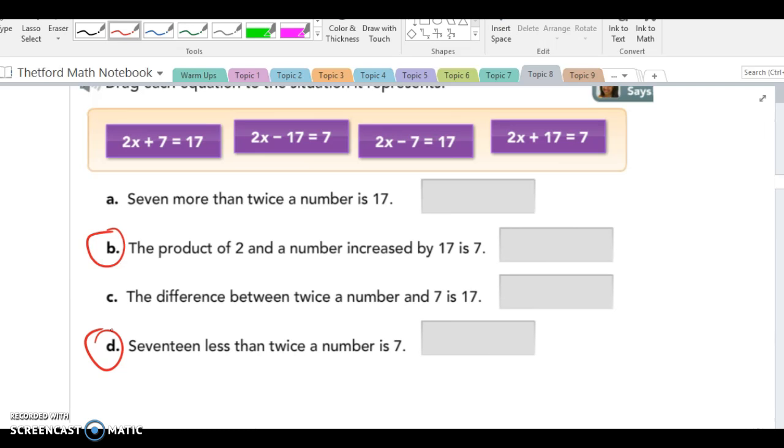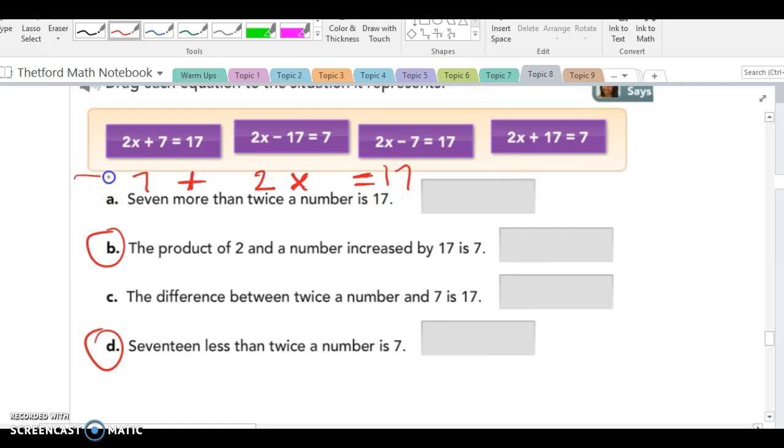So 7, more, we know more meant add. Then twice, that means 2. A number, we don't know what that number is, so I'm just going to put an X there because I don't know what that is. Is means equals 17.